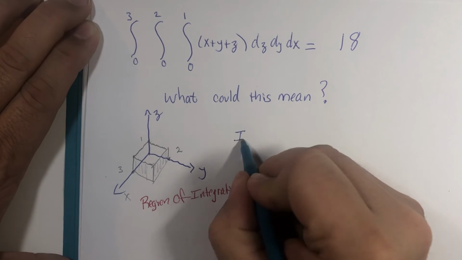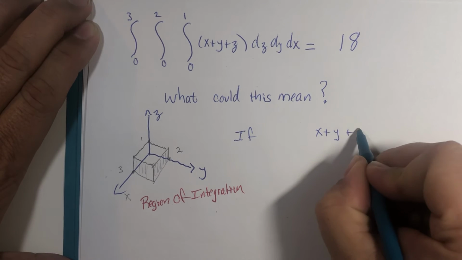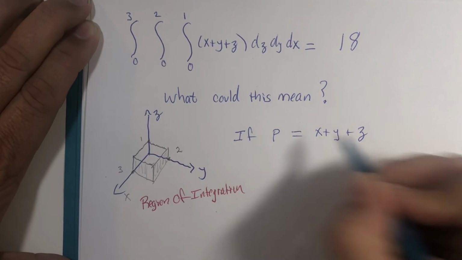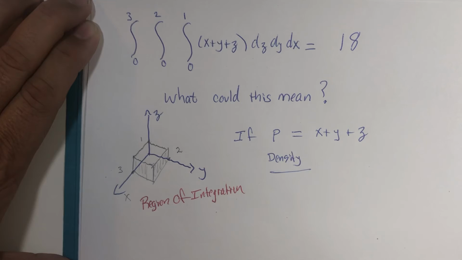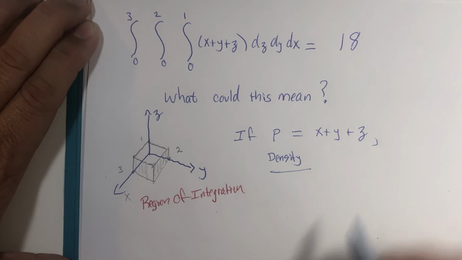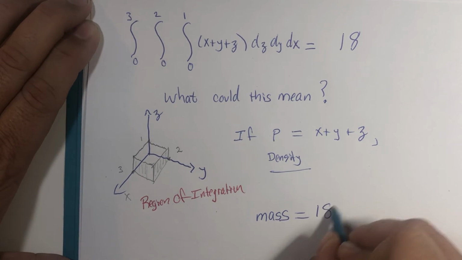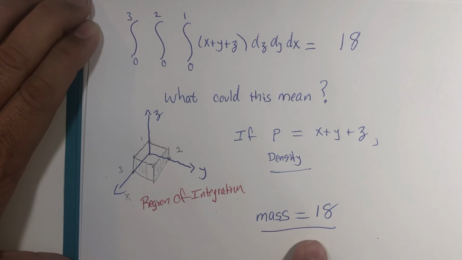If the x plus the y plus the z, the function inside, is our density function, then this could have been the mass of that solid object, 18, and whatever the units of measurement are, perhaps grams.